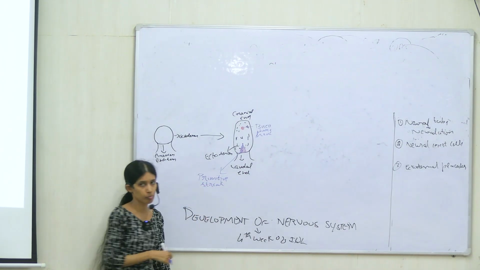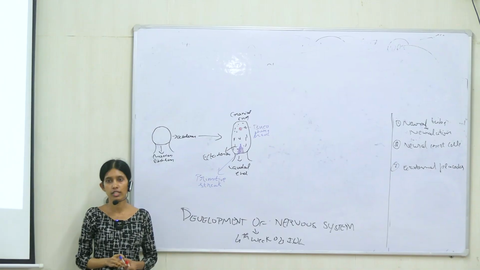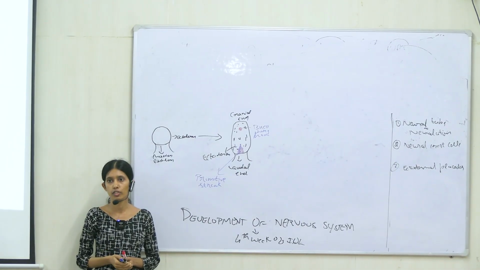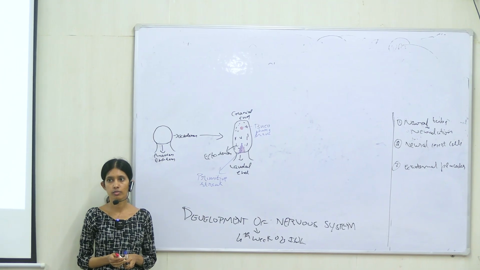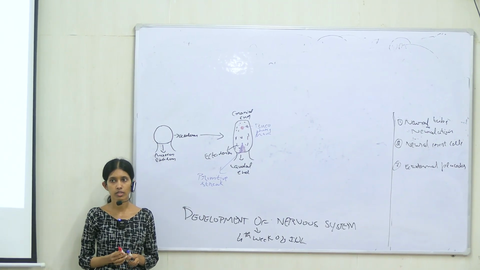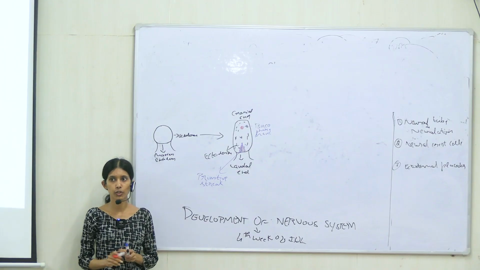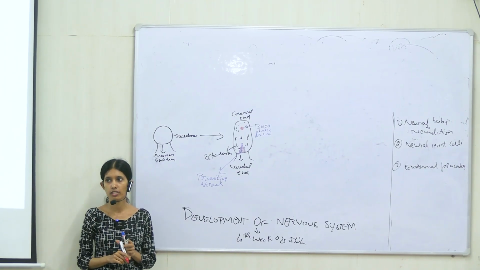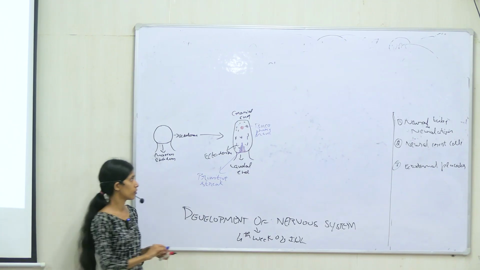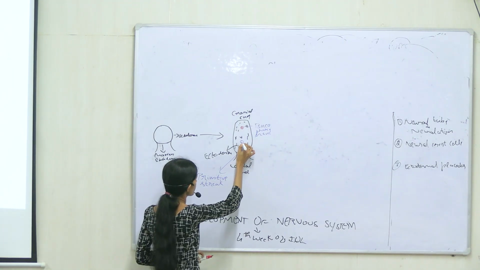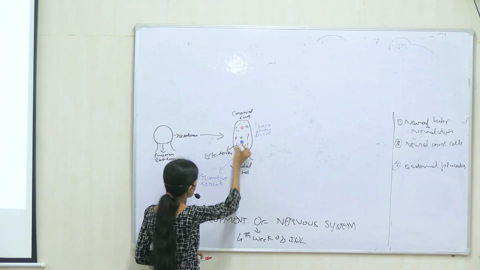What is that structure present along with your primitive streak by the end of 3rd week? There is a structure called node. We have one more important structure that is called Hensen's node.